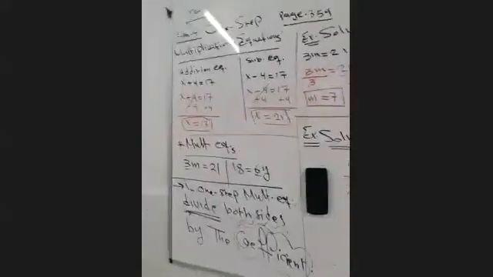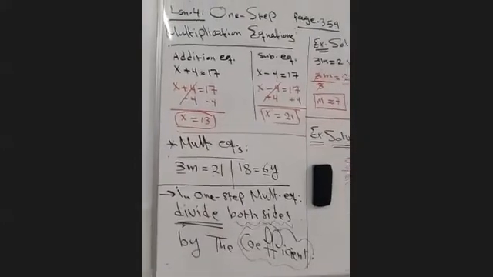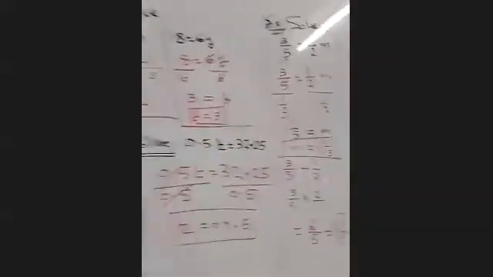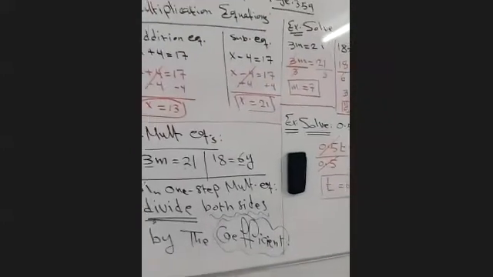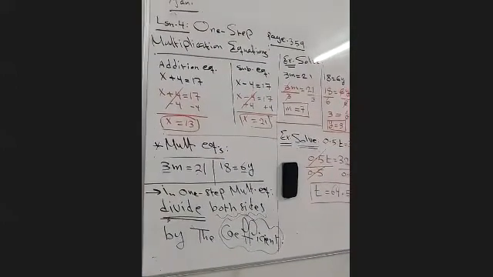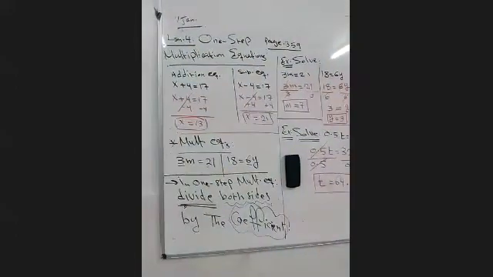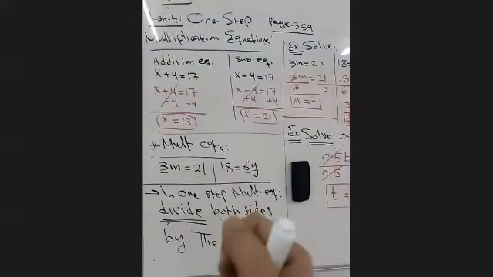Now, this is the one-step multiplication equation. How do we do it? I wish for you to watch the video again after Abdul Hamid sends it to me. Copy these things, guys, in your copybook. It's important.